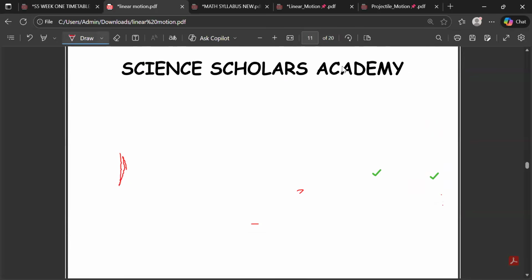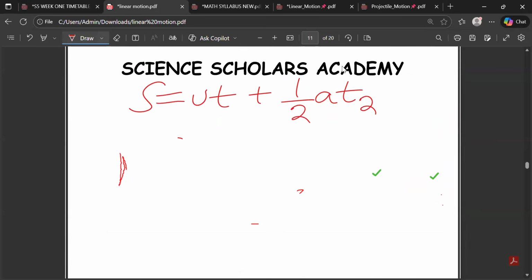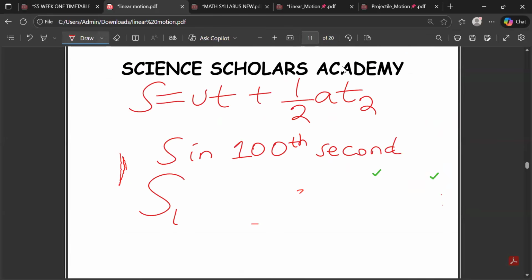A case in point: if you know that you're using the second equation of motion, which is s = ut + a half at squared, and they ask you for s in the 100th second, it is very clear. Get the distance you cover in 100 seconds.